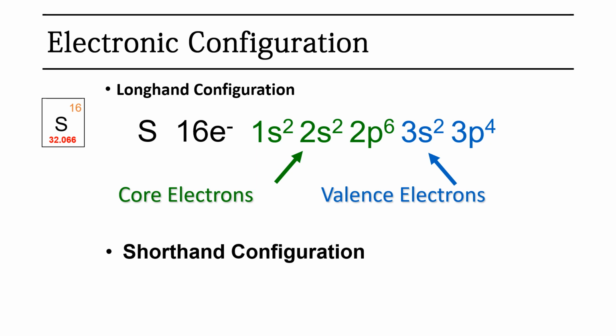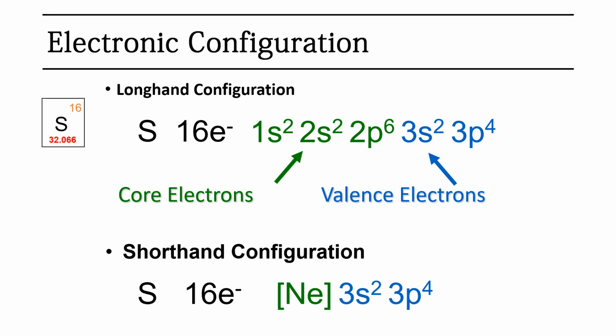Therefore the shortened form for sulfur is the neon configuration plus 3s2 and 3p4. However, writing down the valence electrons part is very important. If you write it either way, both are correct. In the shortened configuration, it is easy to write.